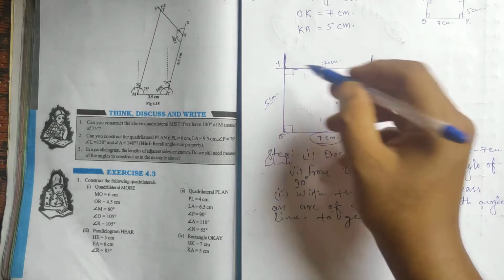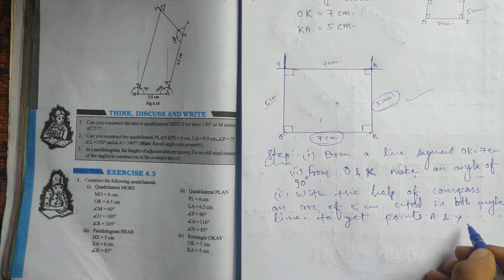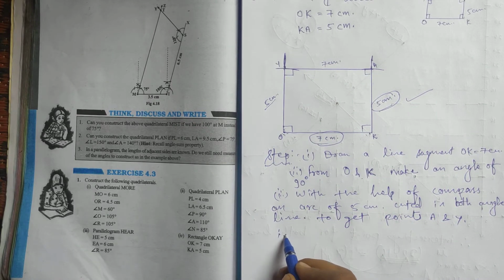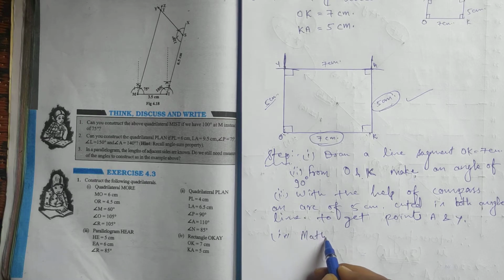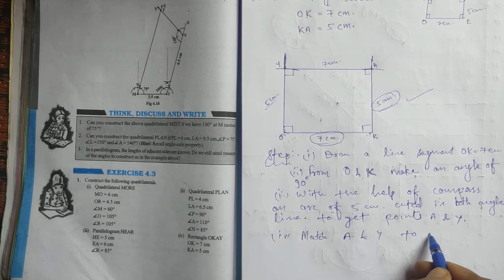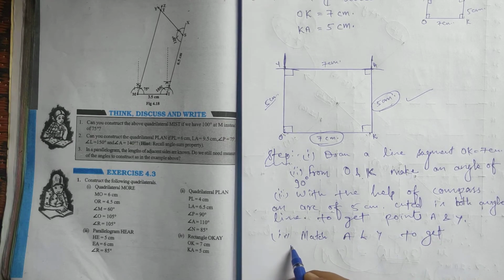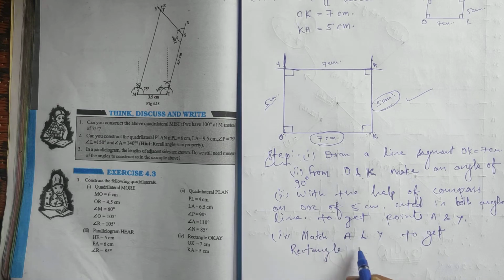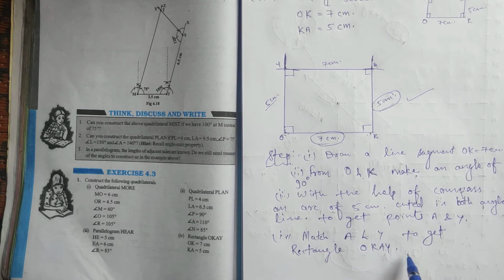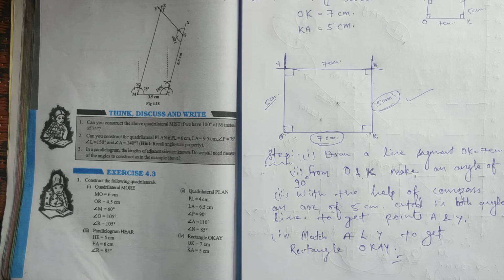What points do we get then? A and Y. Okay, and in the last step, join A and Y to get rectangle OKAY. Okay, that much is our construction.